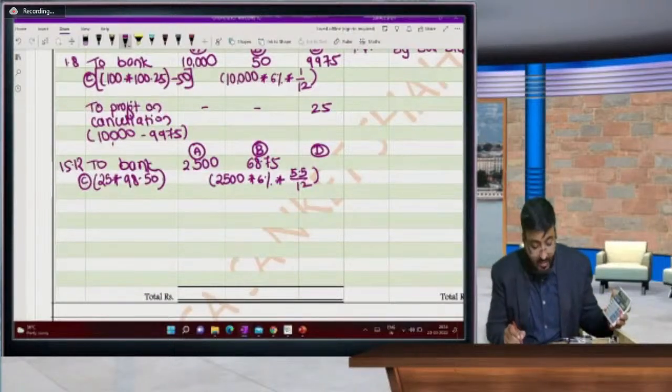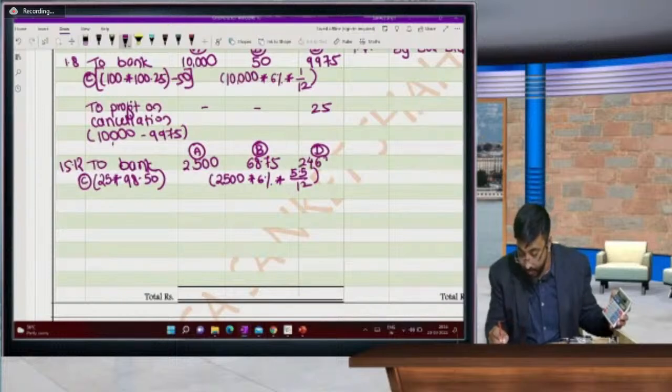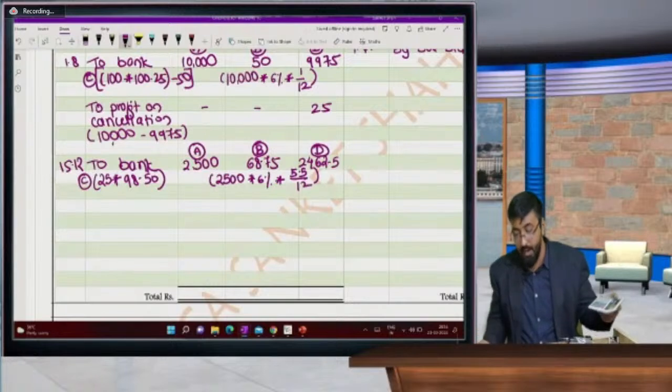Ex interest, so we will directly consider 2462.5.